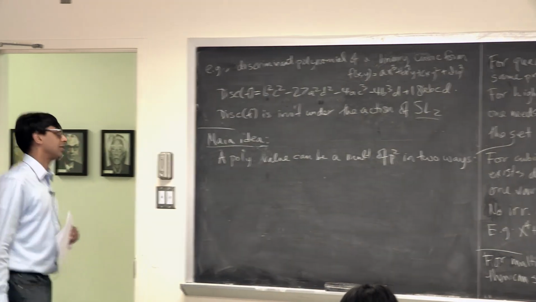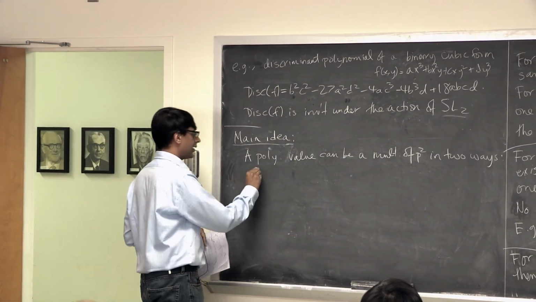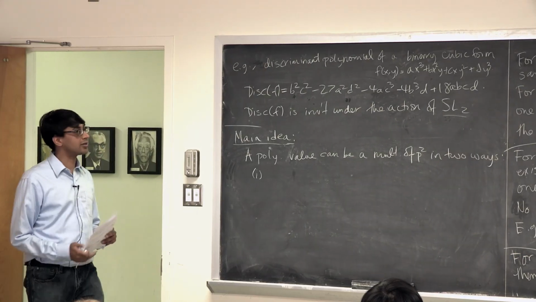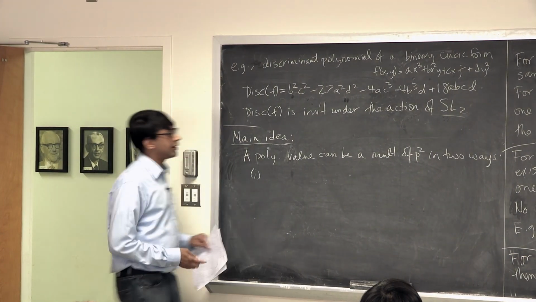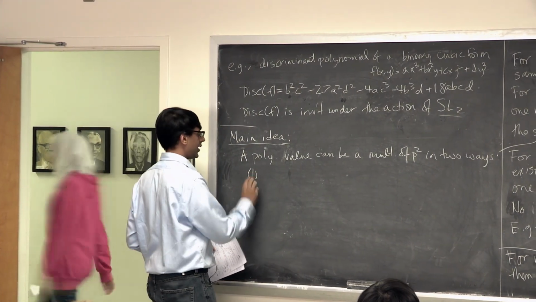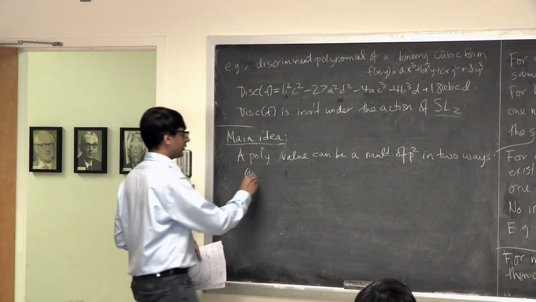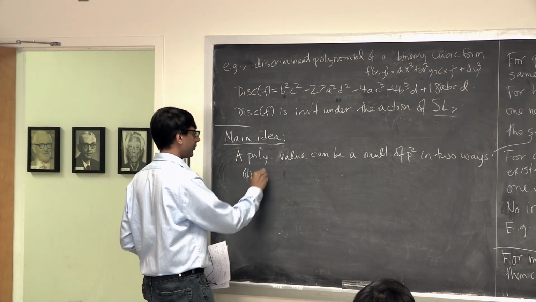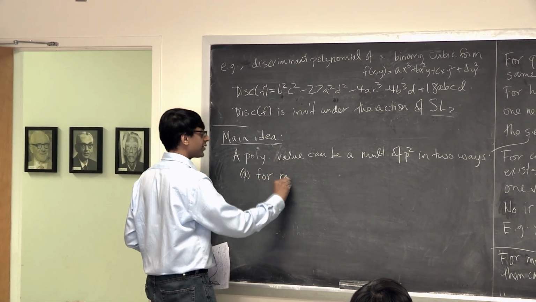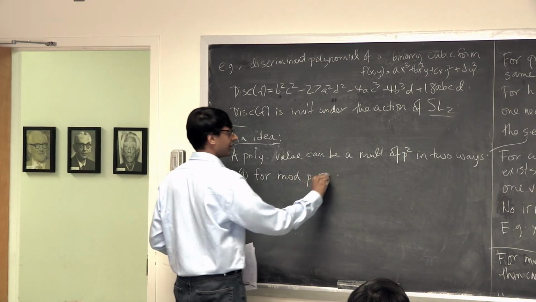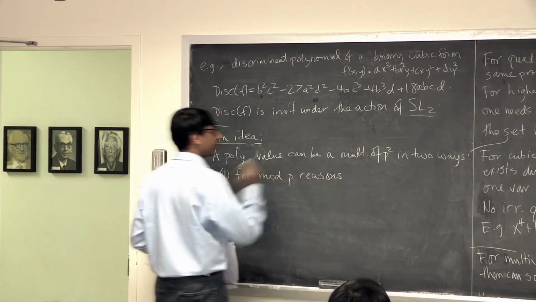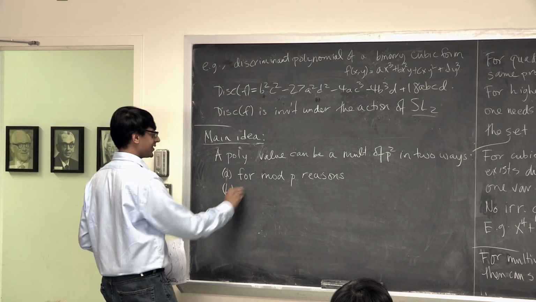And it's important, I realize now, and can be helpful, even important, to keep track of them separately. So the first way, call it A, can happen for mod p reasons, or it could happen for mod p squared reasons.